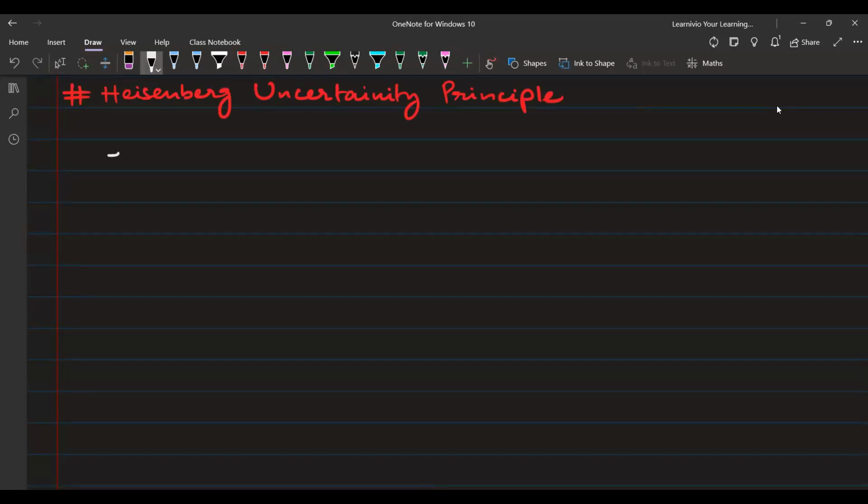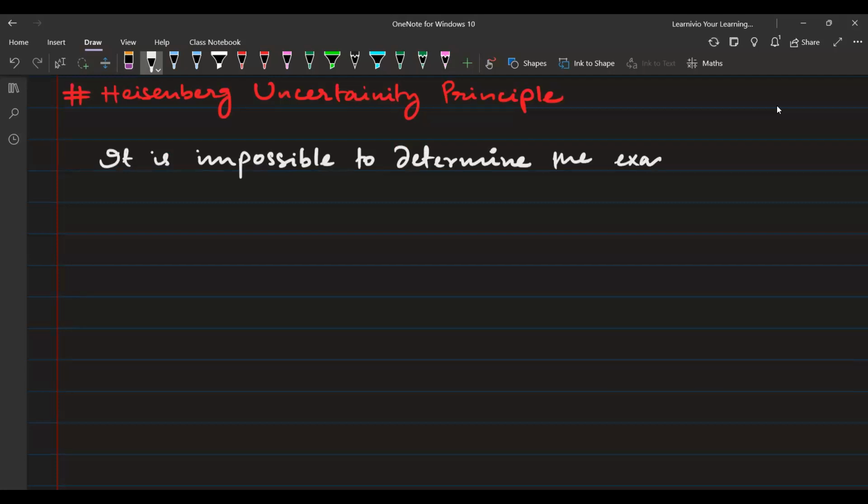It tells that it is impossible to determine the exact velocity and position of moving electrons simultaneously.